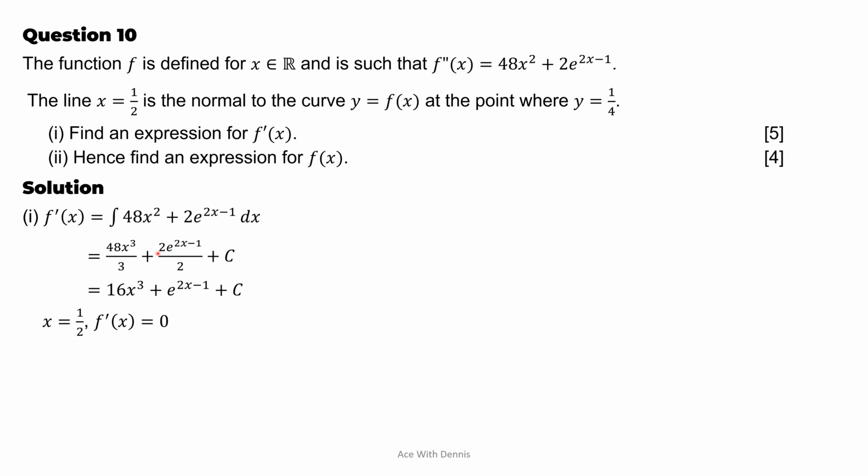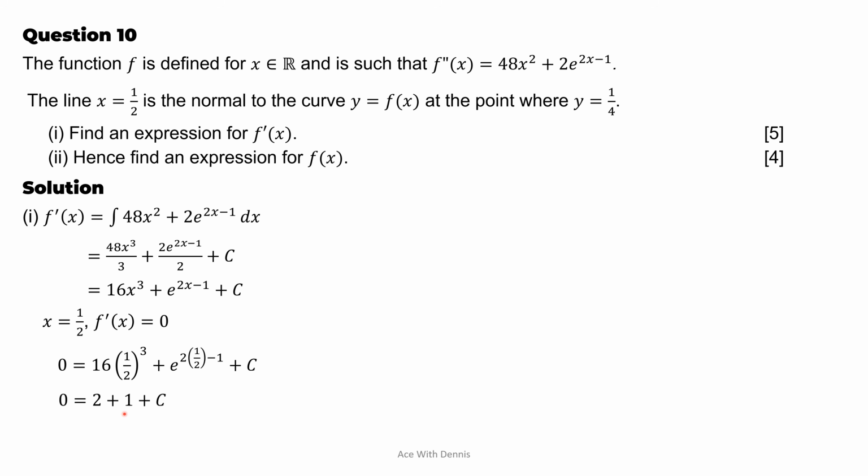The next thing we need to do is to find the value of c here. The information given here is that when x equals half, f prime x equals 0. Why? Because it says that this is normal. Now we substitute x equals half into this equation. f prime x is 0, so 16 times half cubed plus e to the power 2 times half minus 1 plus c.